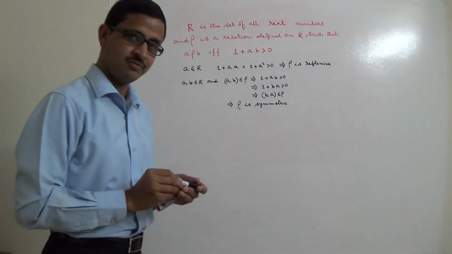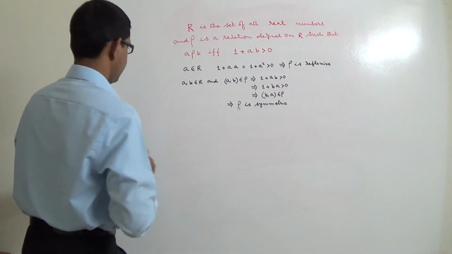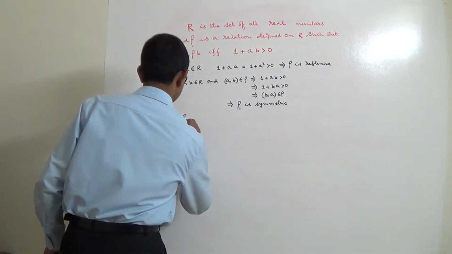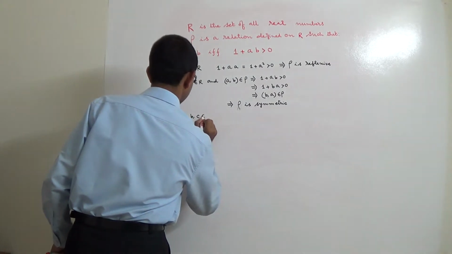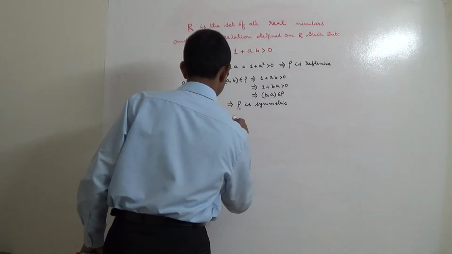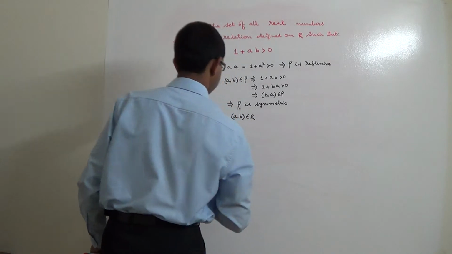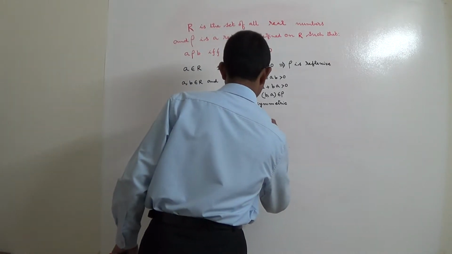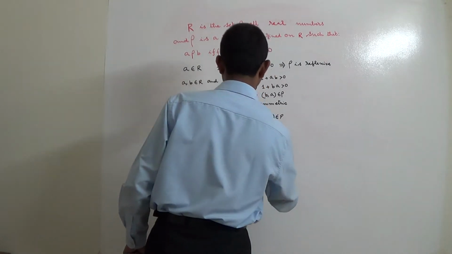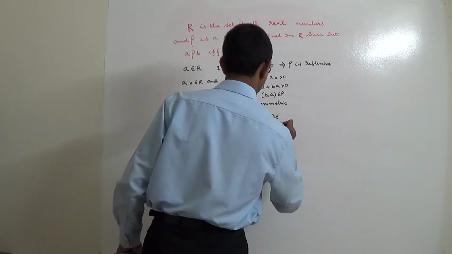Now, to prove transitive, let's see how we can prove it or disprove it. Let's take A comma B comma C belongs to R, and A comma B belongs to rho, B comma C belongs to rho.